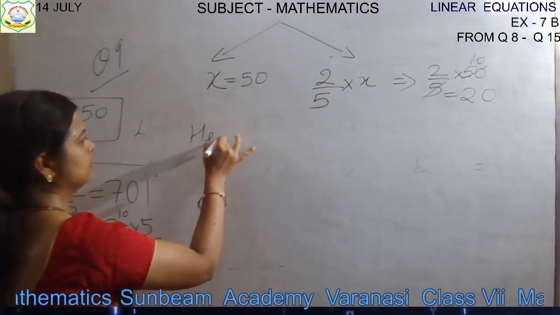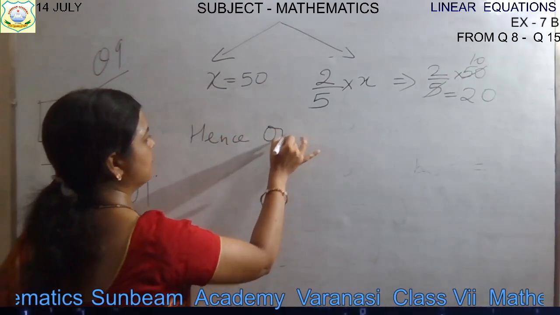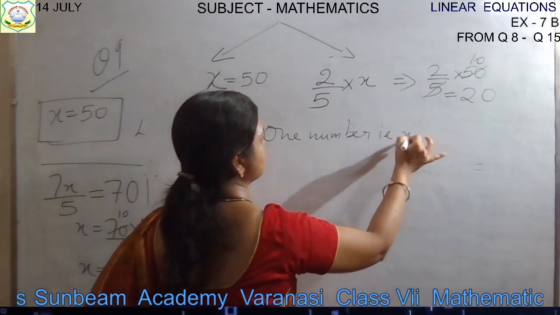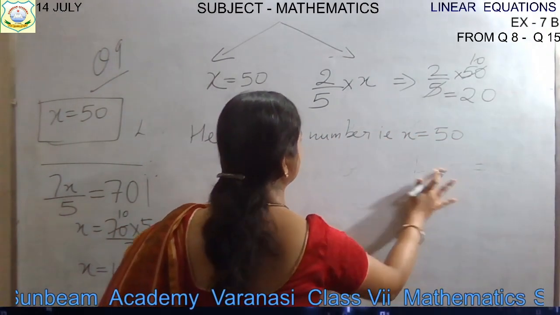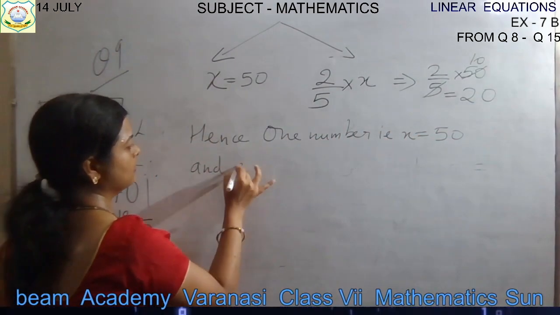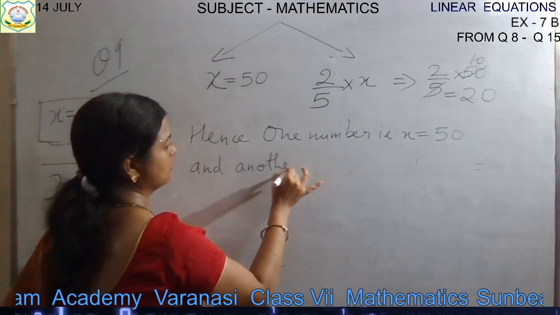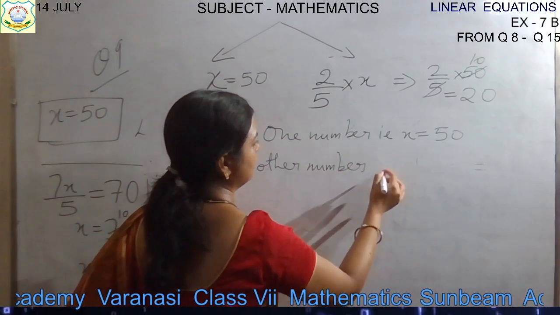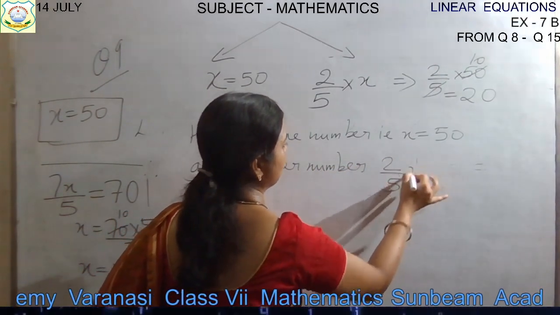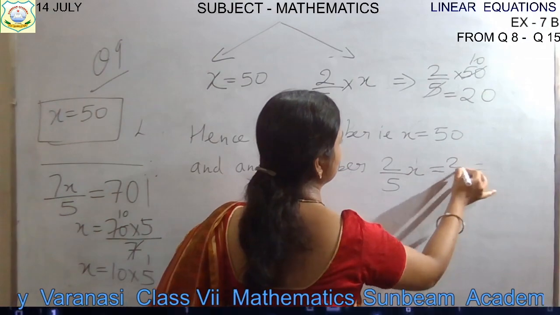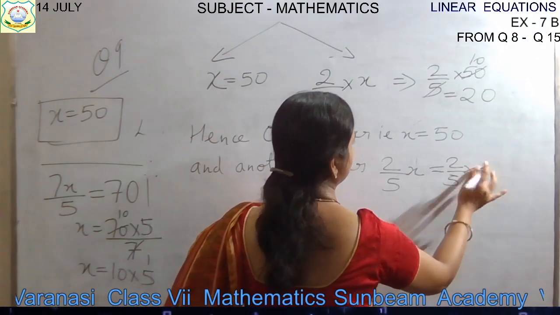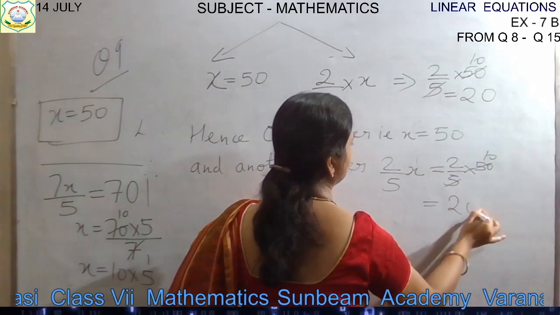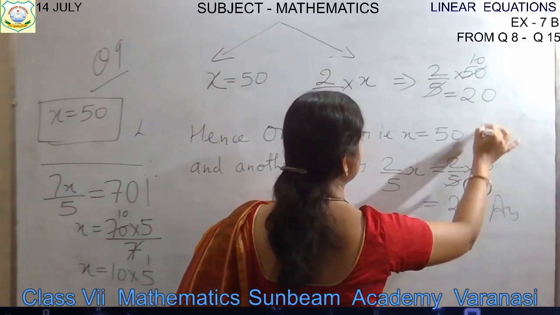Hence, one number, that is x, is equal to 50, and another number, that is 2 by 5 of x, is equal to 2 by 5 of 50. So it will become 20. This is the answer.